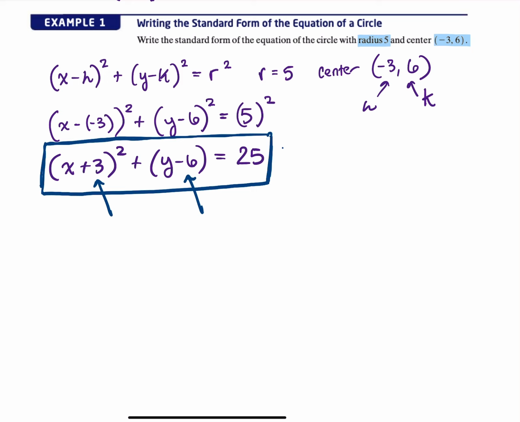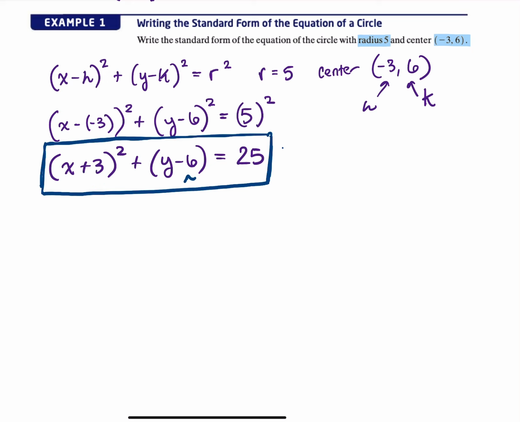And notice in the formula, it's shown as a +3 and a -6. So the signs flip because of this minus. It's tempting to look at this and say, oh, the center is at the point 3, -6, but that would be incorrect. That would be a different circle.